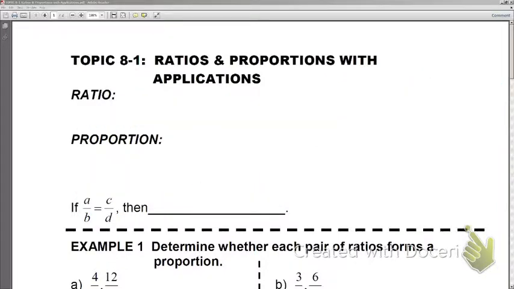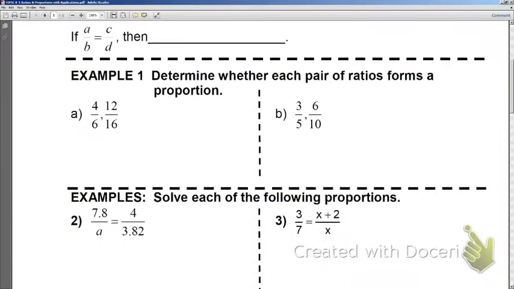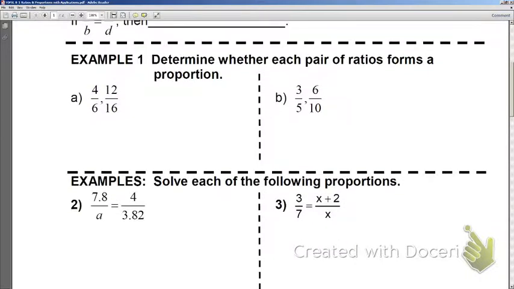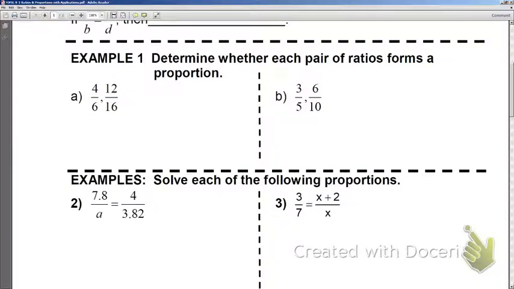On example 1, we have to determine whether each pair of ratios forms a proportion. So what we're going to do is simplify each one, or you can cross multiply each one and see if they're equal. So 4 over 6, if we cross multiply here, 4 times 16 is 64, and 6 times 12 is 72.